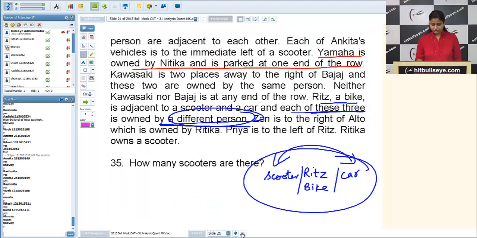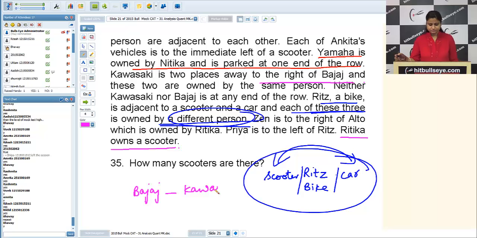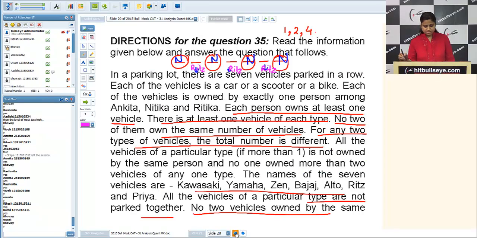Okay, now it is also said that Ritika owns a scooter, and Kawasaki is 2 places away to the right of Bajaj. It means Bajaj, space, Kawasaki. Neither Kawasaki nor Bajaj is at any end of the row.